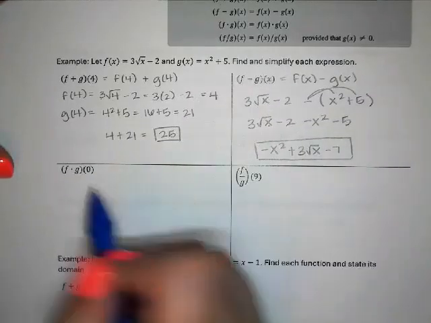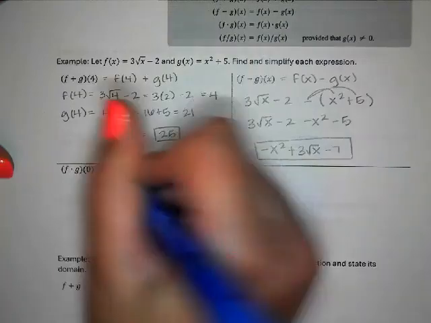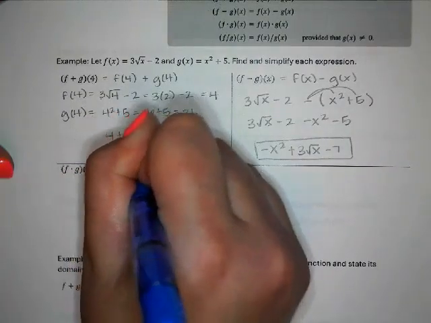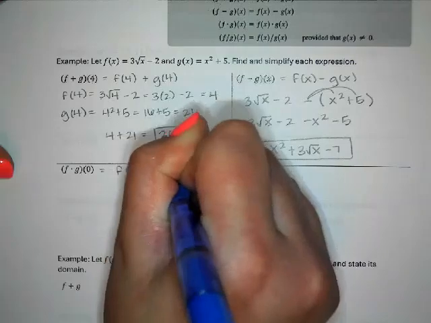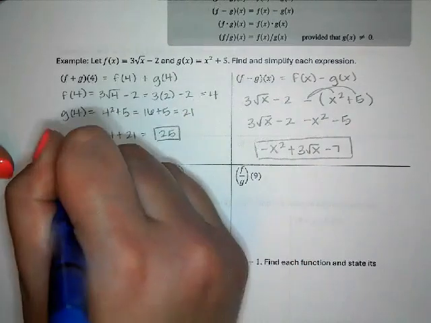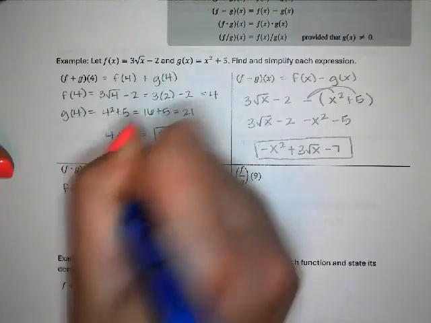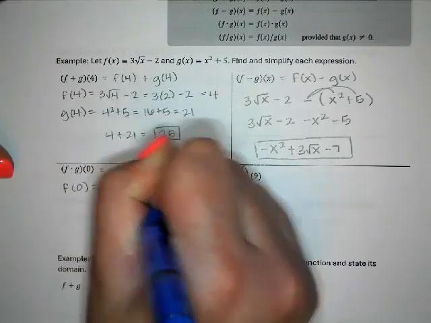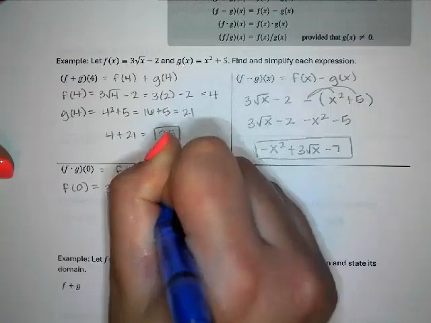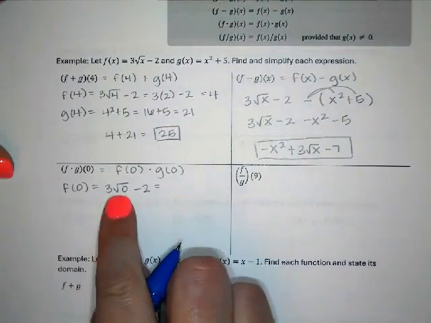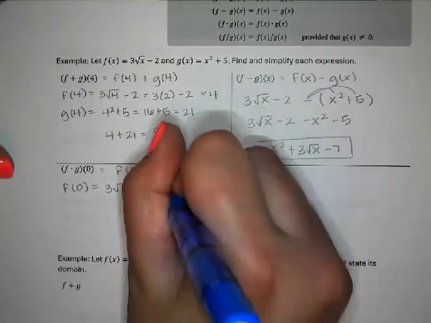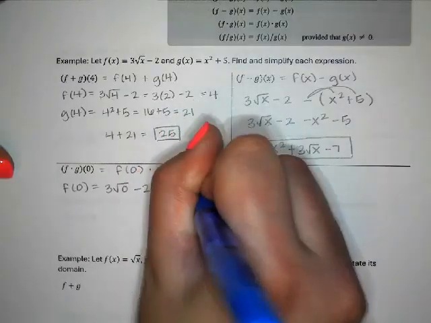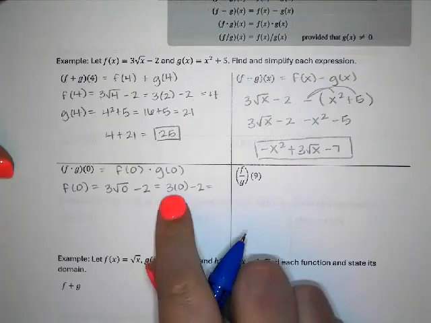Next, it says f times g of 0. So this is f of 0 times g of 0. So f of 0 is going to be 3 times the square root of 0 minus 2. 3 times the square root of 0 is just 3 times 0. And anything times 0 is 0.